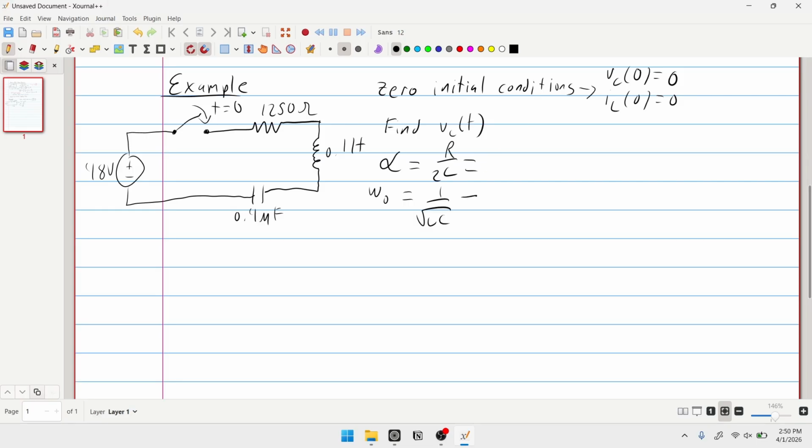If we plug this into our calculator, we get that alpha is 6,250 radians per second, and omega naught is 5,000 radians per second. So we see that alpha is greater than omega naught, and our system is overdamped.